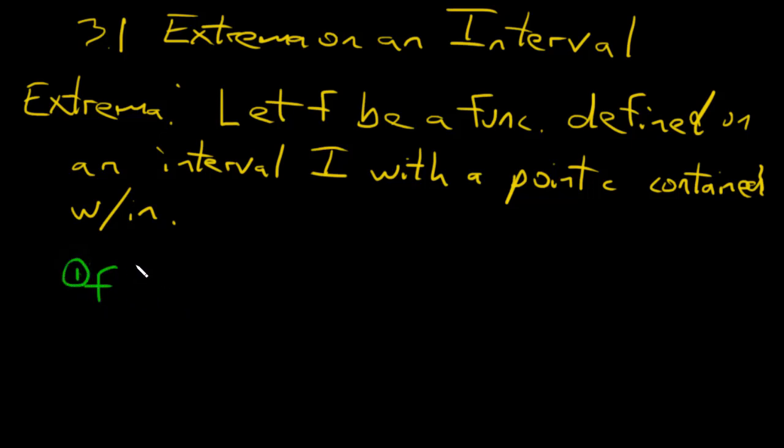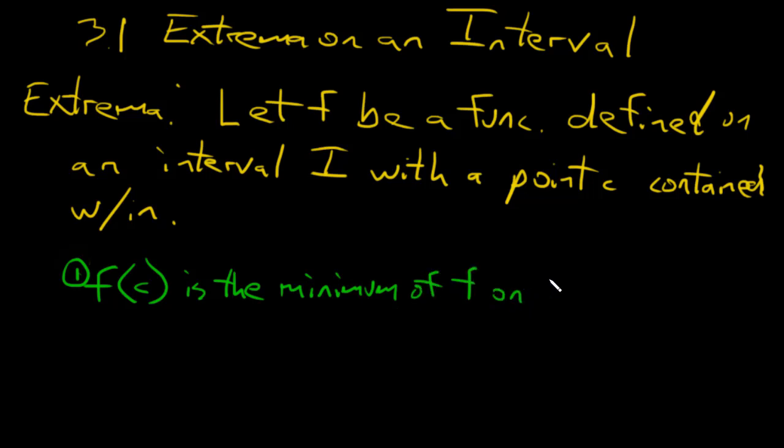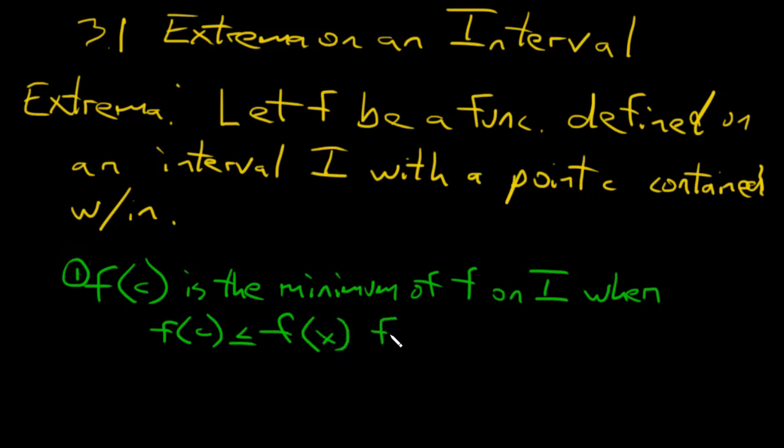So point one, f of c is the minimum of f on I, so it is the minimum y value for the whole function on the interval I when, and this is going to make a lot of sense, f of c is less than or equal to f of x for all x in I. Alrighty?